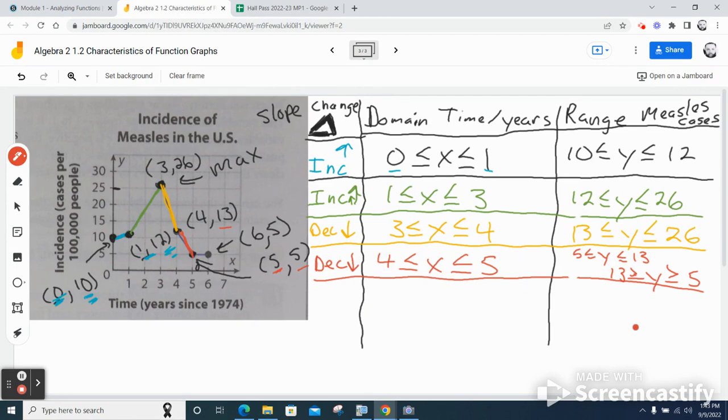So conventionally, we have to put the lowest value here, even though we're reading it this way. We have a tendency to read from left to right like we're reading a book, but by definition, if I say what's the lowest value for y across this domain, the lowest value is 13, and we would write it this way. Does that make sense?